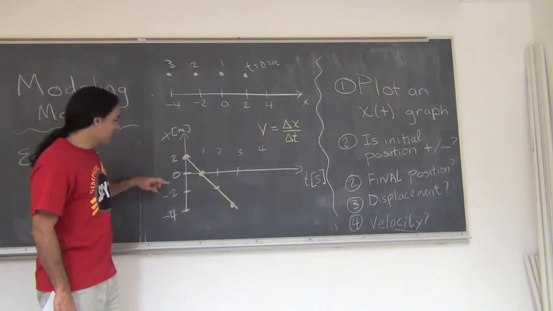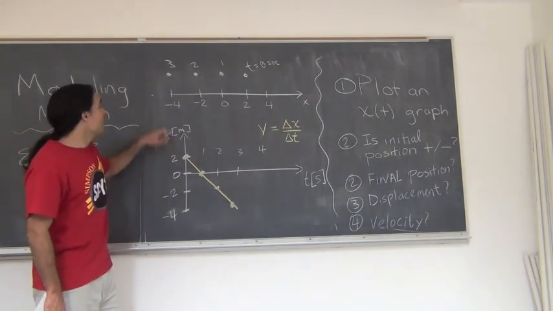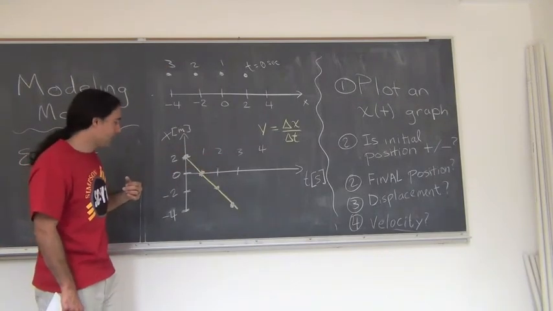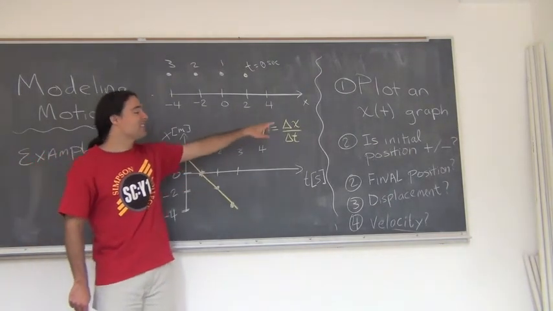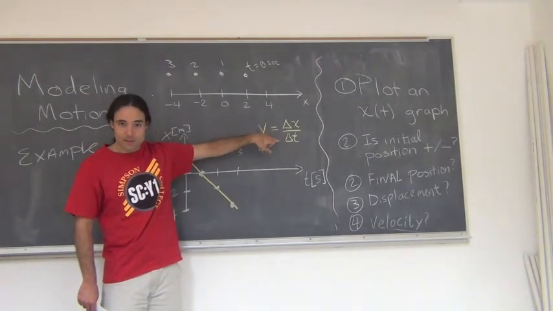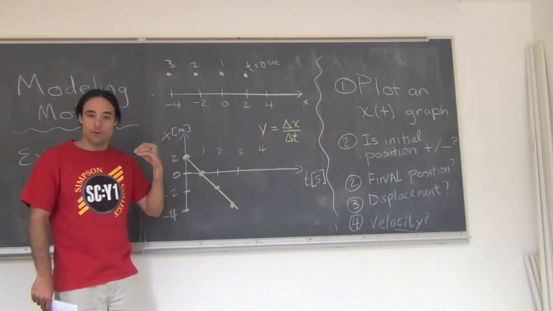Well, I've been displaced by negative 6 meters. I've gone down by 6 meters. And that took 3 seconds. So that would be negative 6 meters divided by 3 seconds. 6 divided by 3 is 2, so that would be a velocity of negative 2 meters per second.